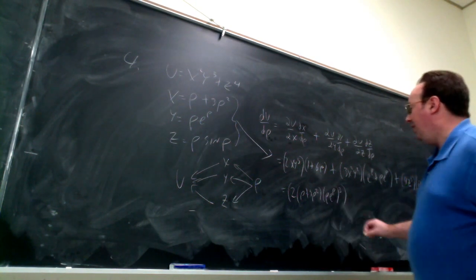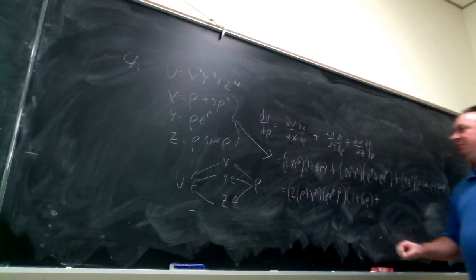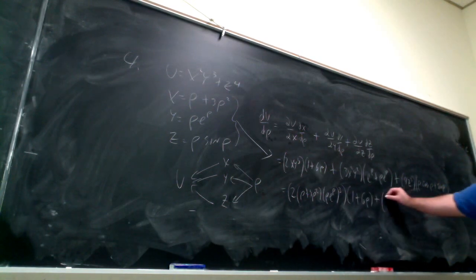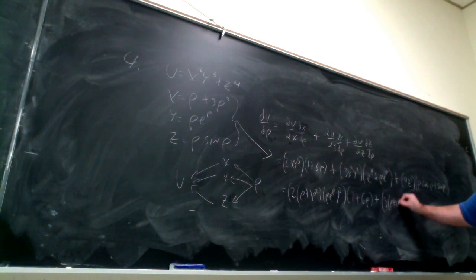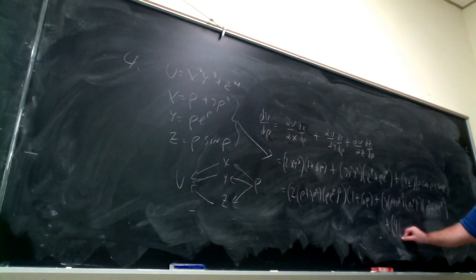I won't work out absolutely everything. And remember what I said on the test, don't spend time simplifying. Plus 3 plus 3p squared squared, p e to the p squared. So yeah, this answer is a bit long. And finally, plus 4z cubed, so that's 4 p sine p cosine cubed.